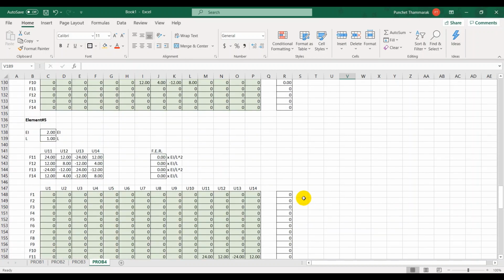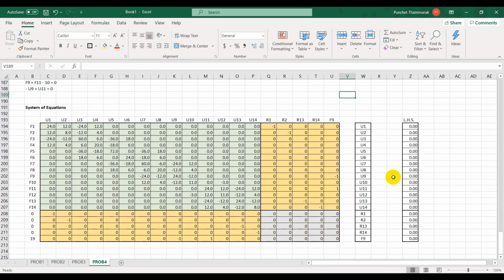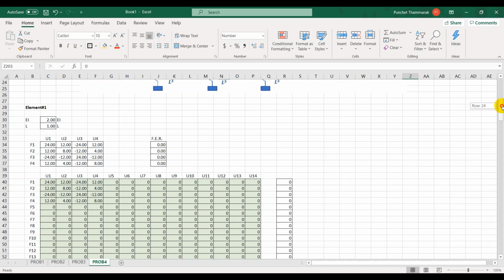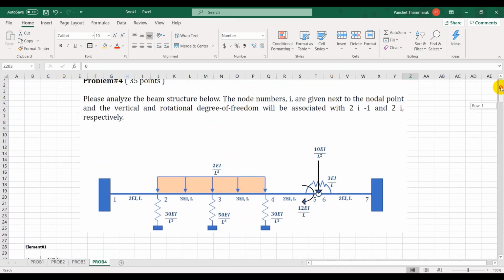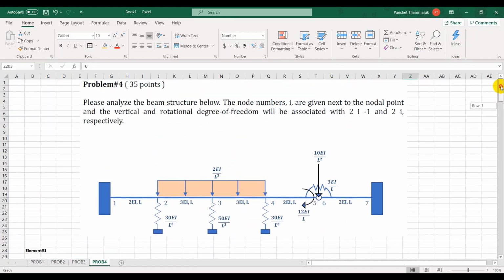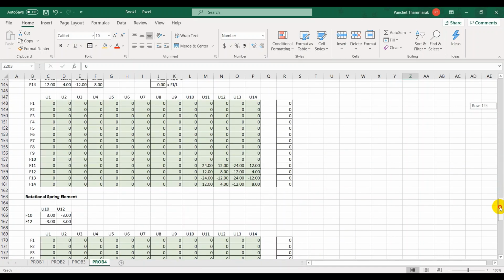Number 9 is minus 10, and number 10 we have 12 EI in the clockwise direction, that is minus 12.